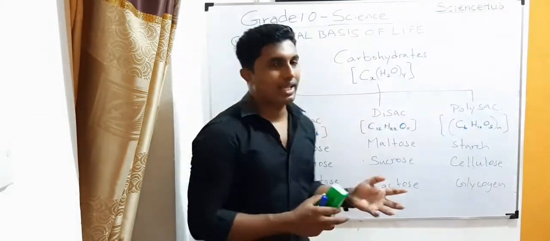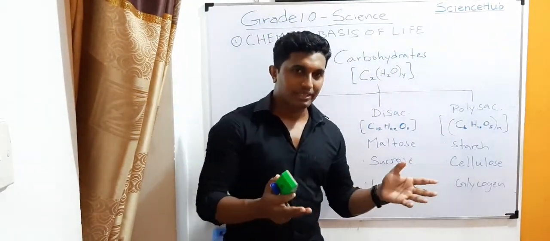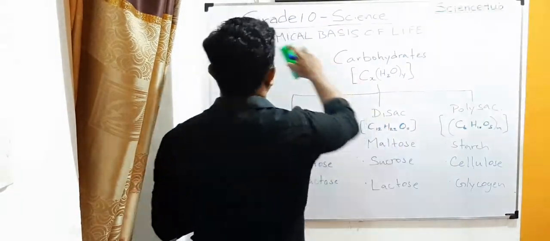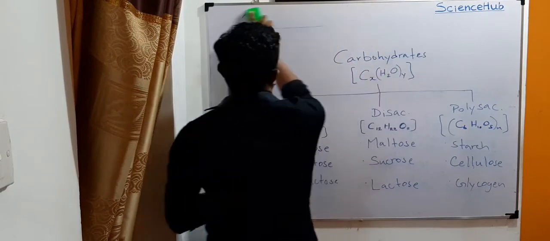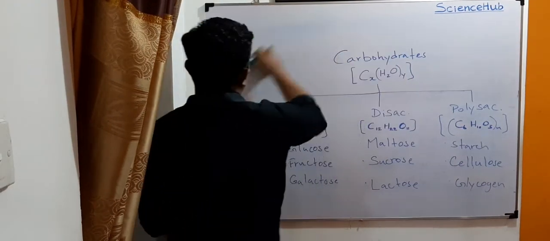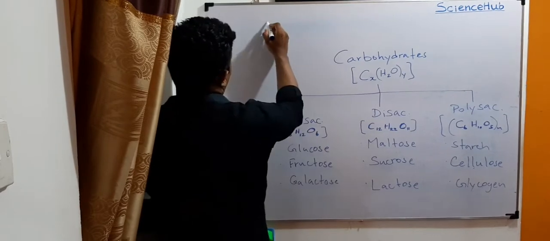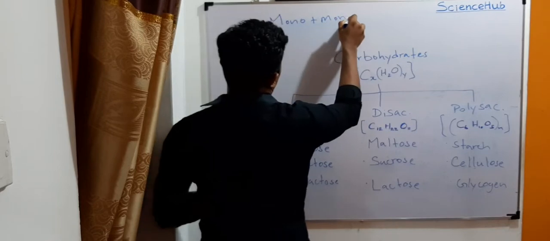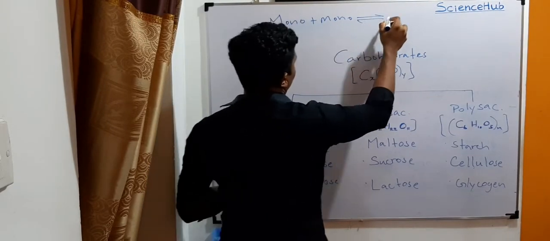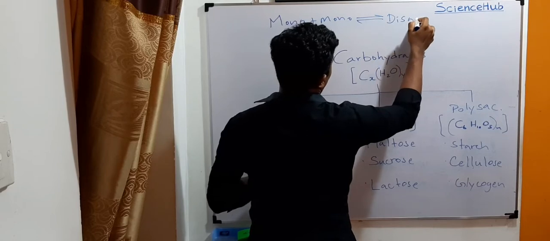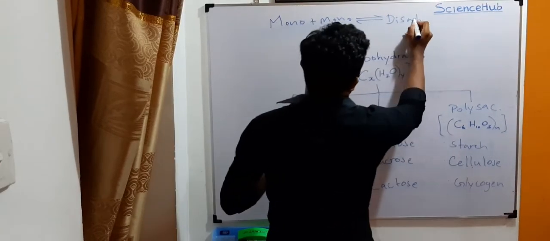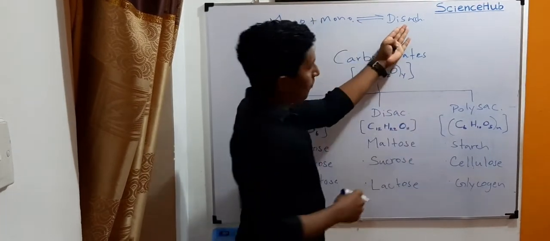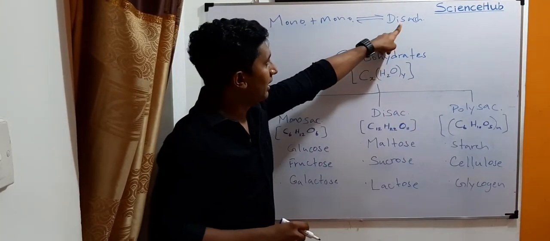That means we can split a disaccharide into two monosaccharide units. Two monosaccharide units can combine to produce a disaccharide.